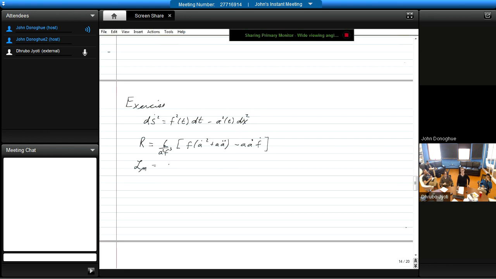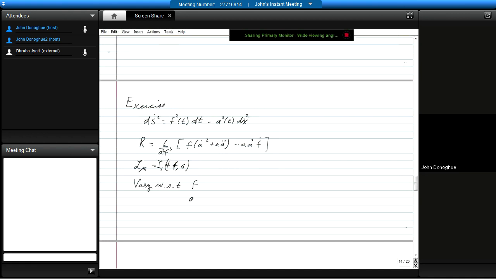You then write the matter Lagrangian as a function of phi, f and a. You vary the action with respect to f, and you vary with respect to a.